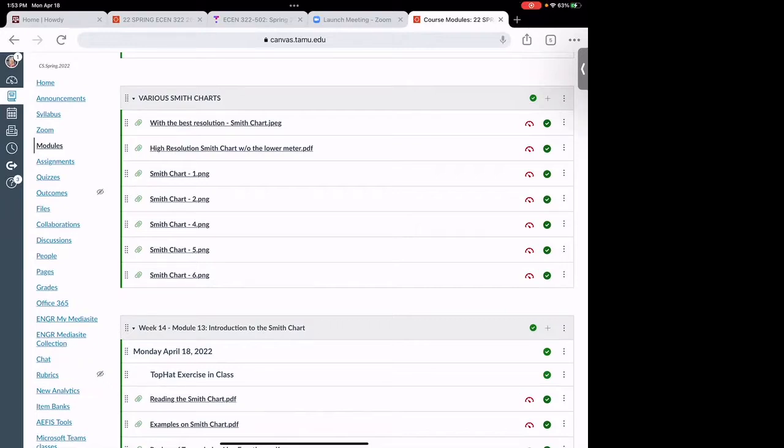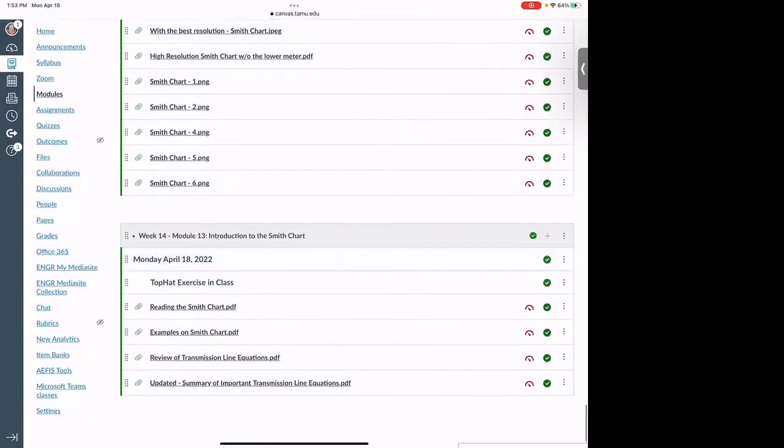The second is module 13, where we are today, and we are going to do a Top Hat exercise class. As you do that, I'm going to bring a Smith chart. We are going to try to read the Smith chart today, so you know how to make yourself comfortable with it. And then there are some exercises for you to do while we are reading it.